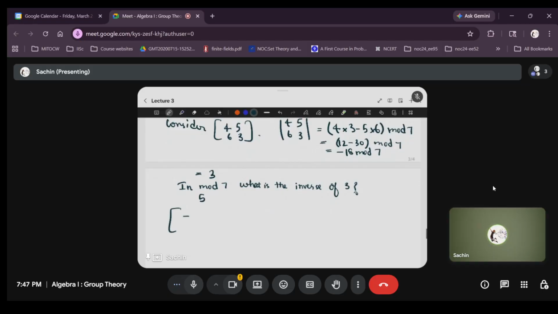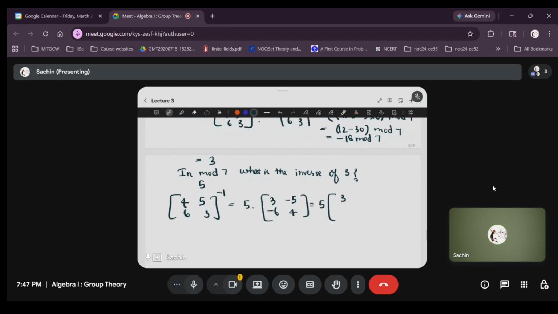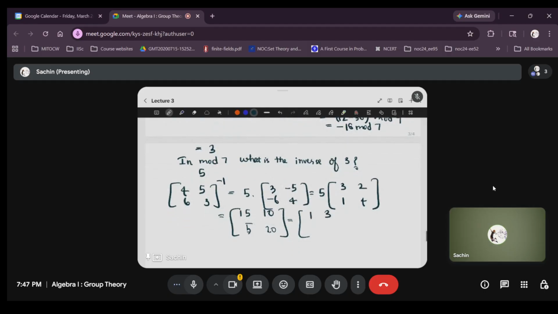So now the inverse of the matrix 4, 5, 6, 3 is 5 times 3, minus 5, minus 6, 4. So 5 times 3, minus 5 is 2, minus 6 is 1, 4. So this is 15, 10, 5, 20, but again it's mod 7. So this is 1, 3, 5, and 6.